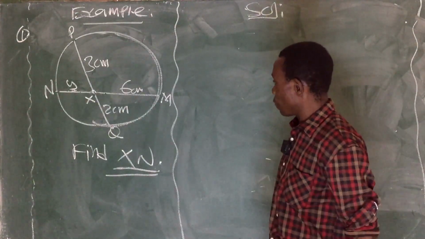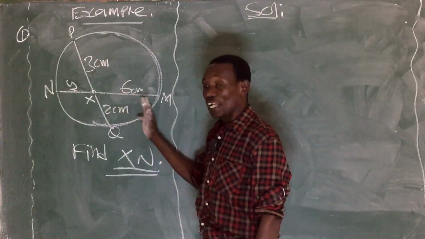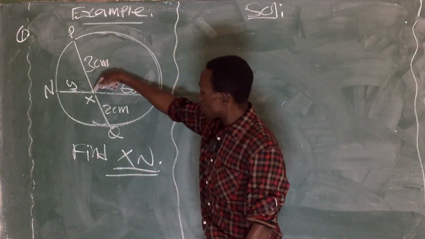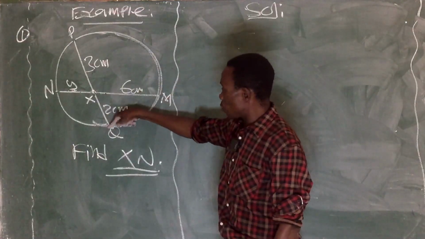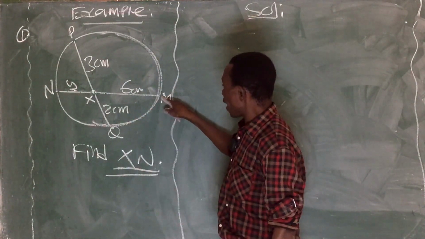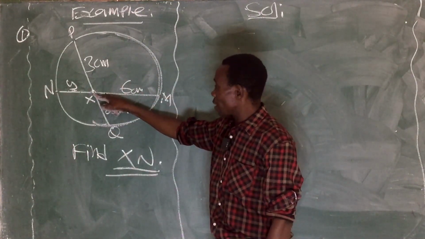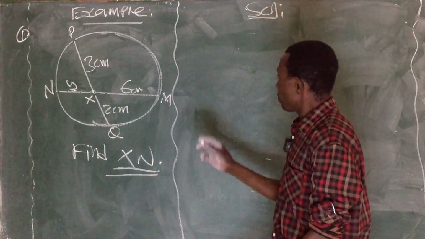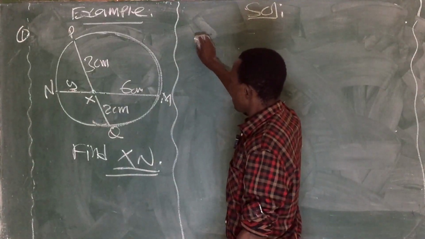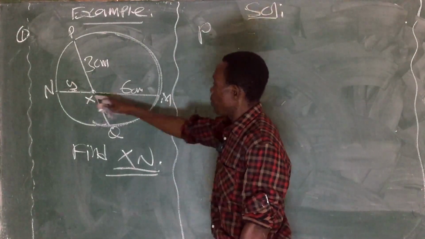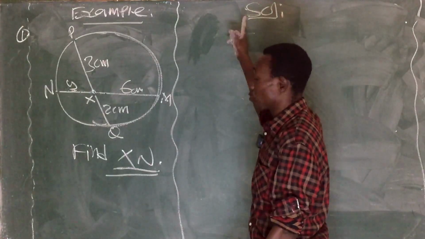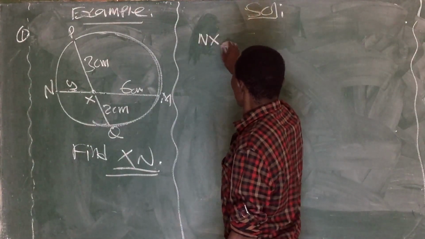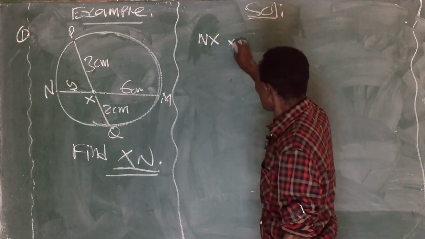From what we observe, if chords are intersecting like this, we should expect the distance PX multiplied by XQ to be the same as MX multiplied by XN. Just that. So write that down.